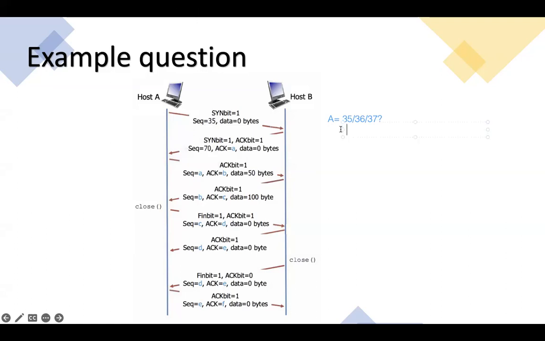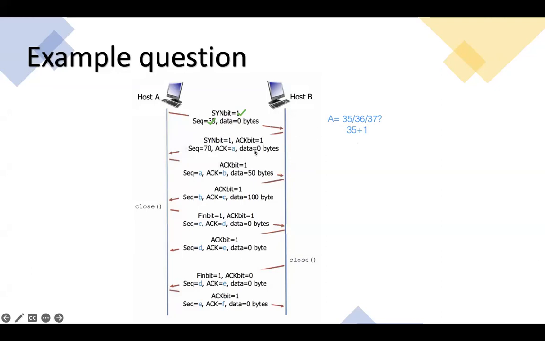Okay, this one is pretty easy, it's just equal to 35 plus 1. So why should we use 35 here? Because it's the same, we need to add these two together. So that's the answer for A.